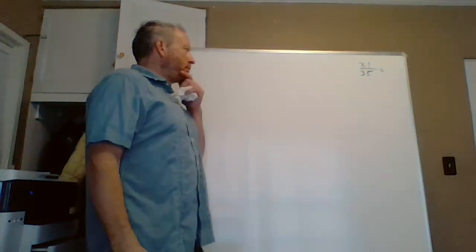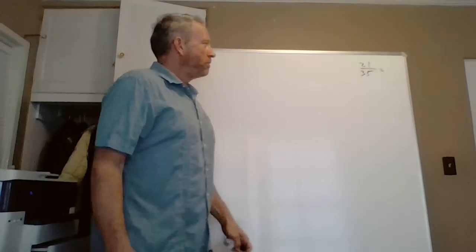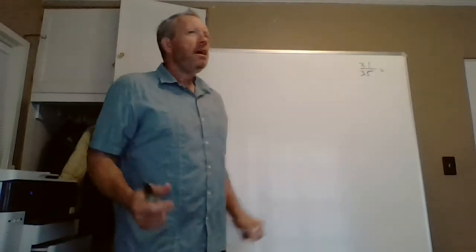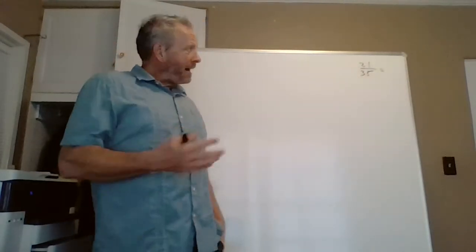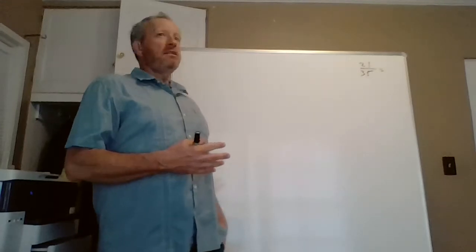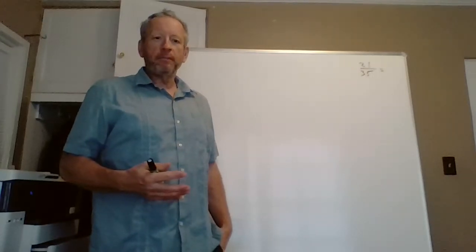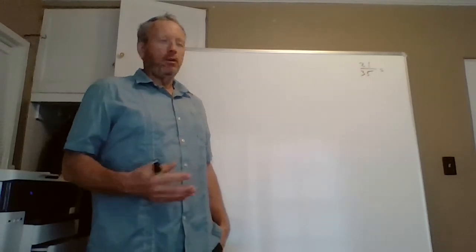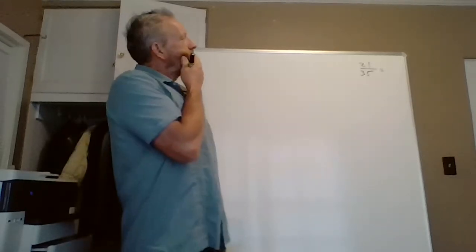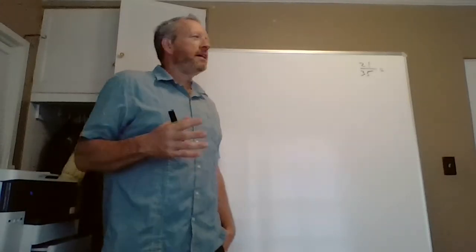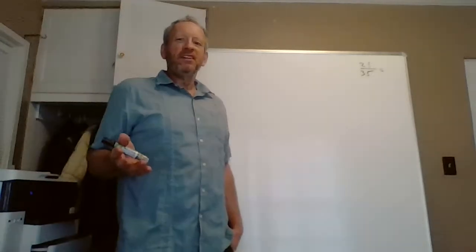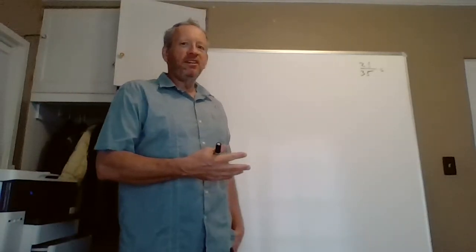So you look at it and you think for a minute, you say, okay, well, 7 goes into 21 and 7 goes into 35. But what if someone asks you, how did you know that 7 went into both those numbers? So you'll have to look into your own thoughts. How did you know? And the answer is probably something like, well, I just knew. Or that's something I have memorized.